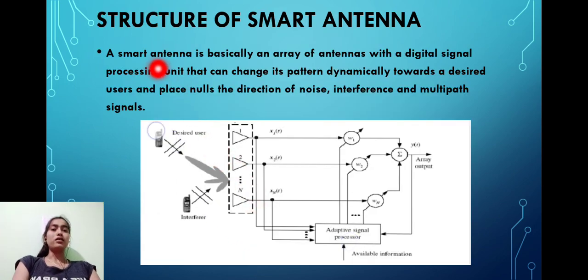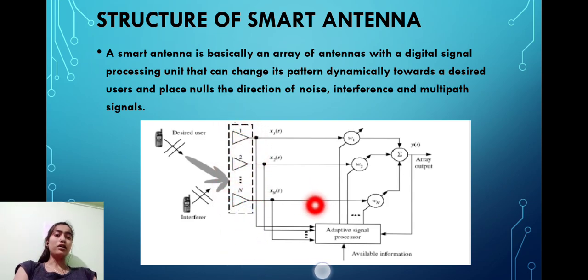Structure of smart antenna. A smart antenna is basically an array of antennas with a digital signal processing unit that can change its pattern dynamically towards a desired user and places nulls in the direction of the interferer. As we can see, there is an array of antennas with a DSP. This is the phase shifting network.